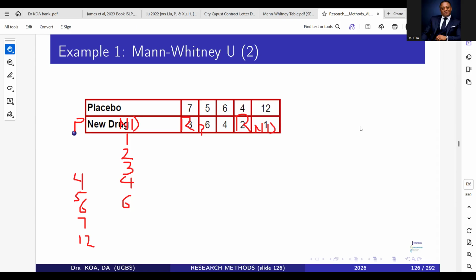When you are ranking, you should always remember that the ranking goes in a form of number 1, first, number 2, second, number 3, third, number 4, fourth, number 5, fifth, number 6, sixth, number 7, seventh, number 8, eighth, number 9, ninth, number 10, tenth.